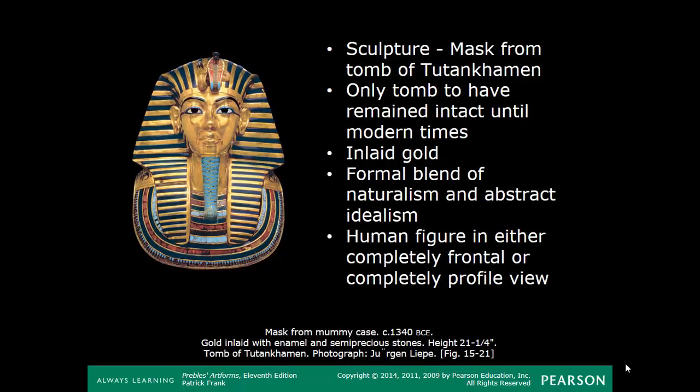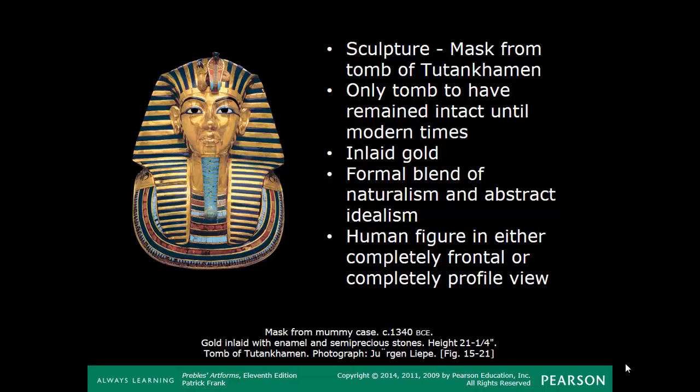And here is a mask from the mummy case of Tutankhamun. Many people refer to him as King Tut. Something that makes this mask so precious is that it is one of the only tombs that have remained intact until modern times.